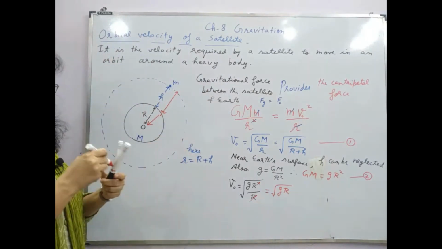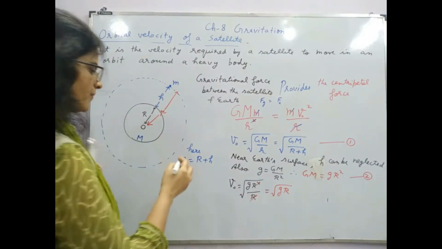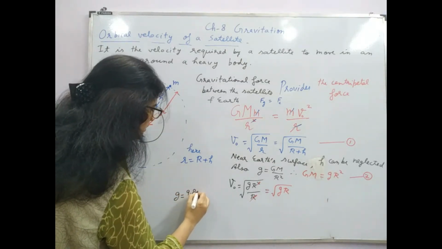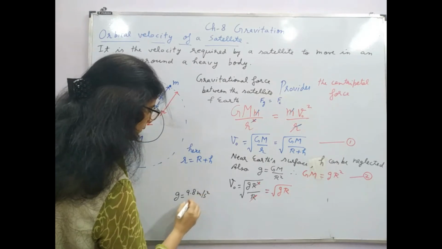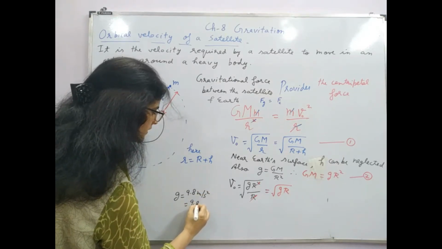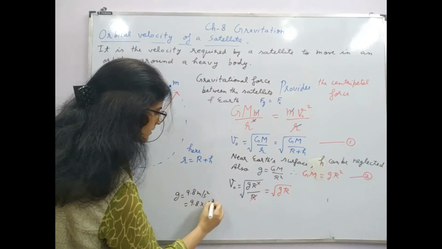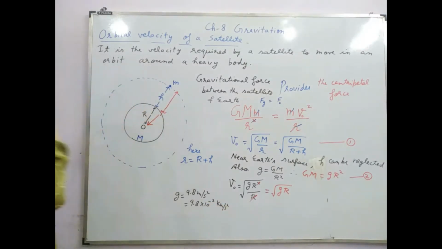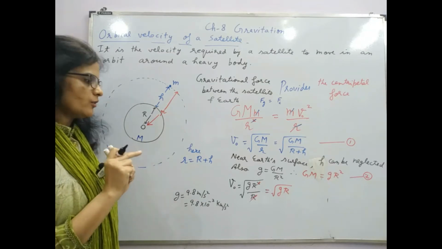Now if we put the values of g and R, g we know its value is 9.8 meter per second square. This can also be written as 9.8 into 10 power minus 3 kilometer per second square. Why am I using this kilometer unit?